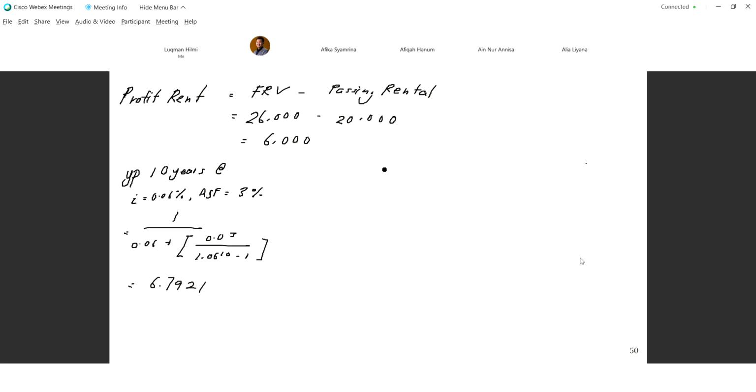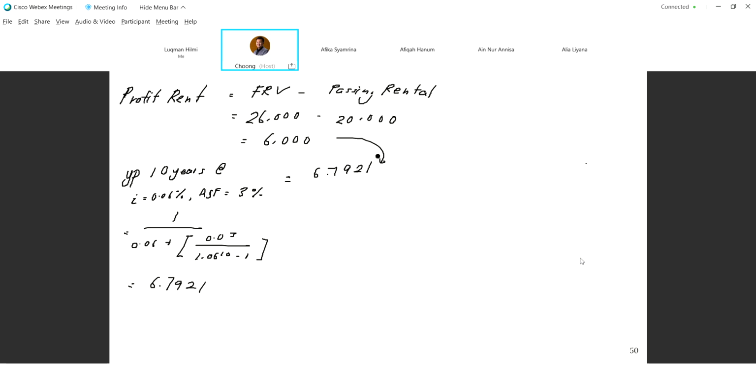Then let's put together, and this is equal to 6.72921.